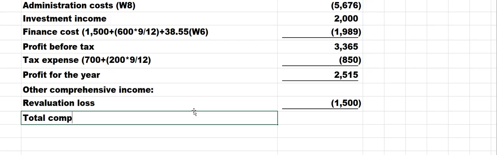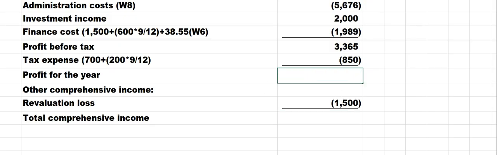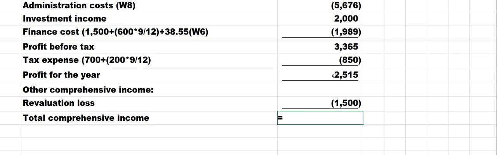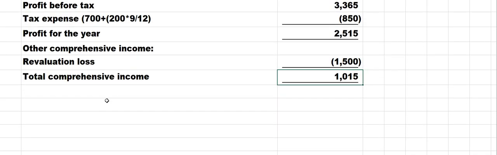Then you can get total comprehensive income, which will be this minus this, giving us that. So that is your total comprehensive income.